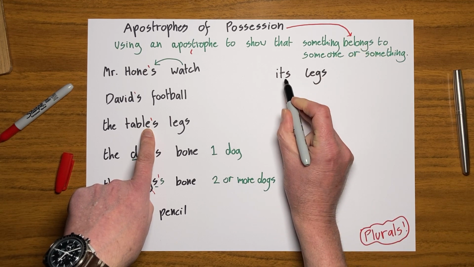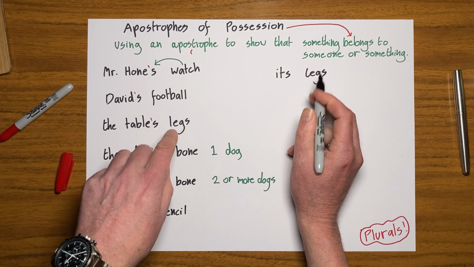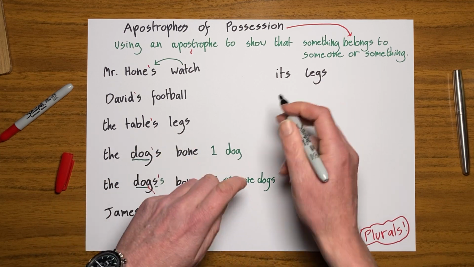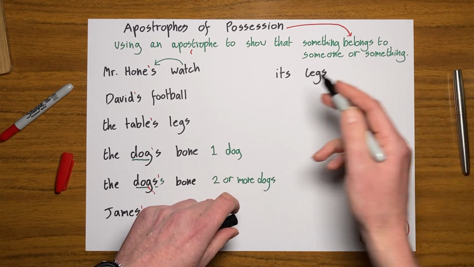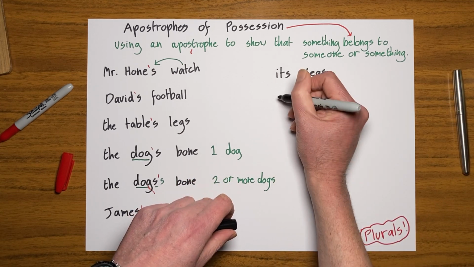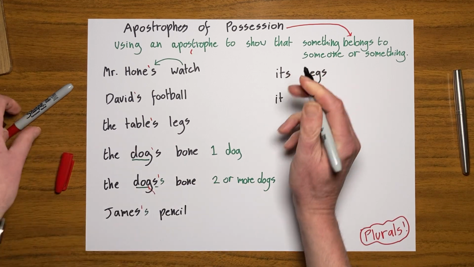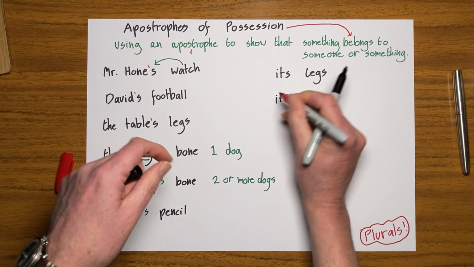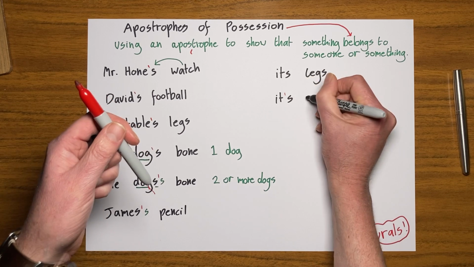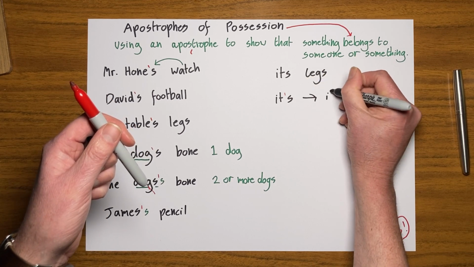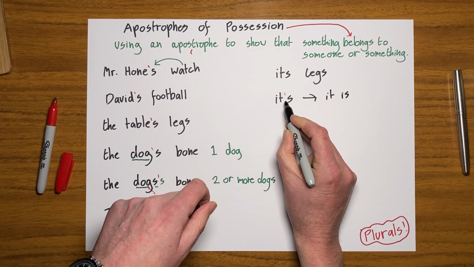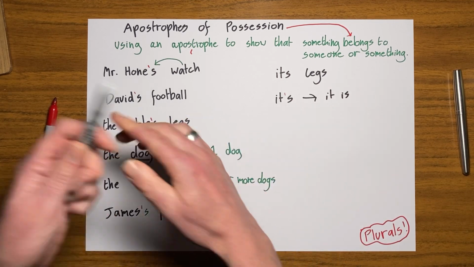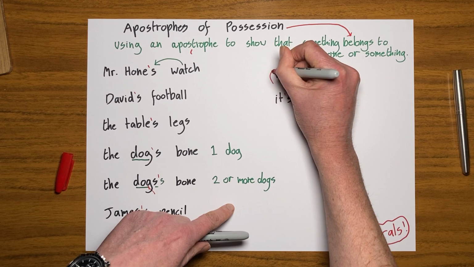Okay, there is no apostrophe when you're using its for its legs, or if I was talking about a country and talking about its economy. Because of course, if I use an apostrophe with it, I get it apostrophe S, which means it is, which is a contraction.